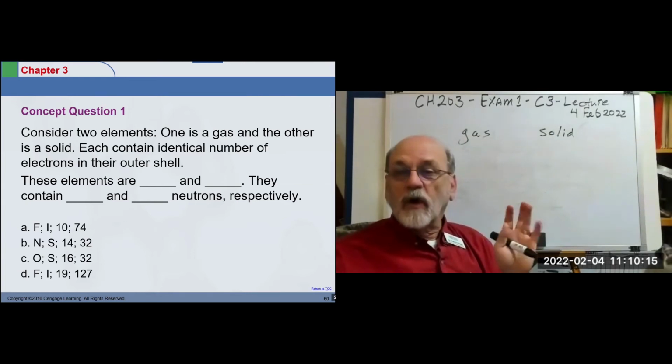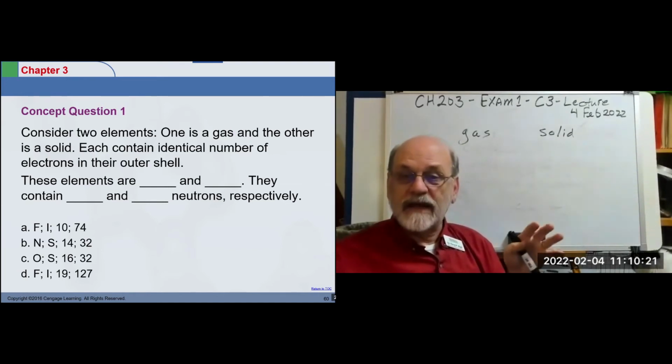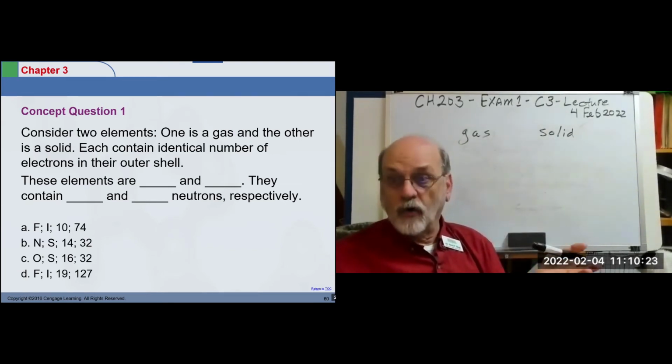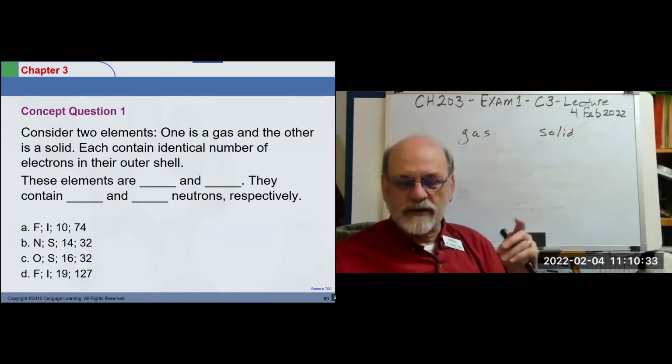These elements, what possibilities could they be? So now we're into test-taking technique, and we need to eliminate the obvious wrong ones. One's a gas and one's a solid, so they have to be a gas and a solid together.